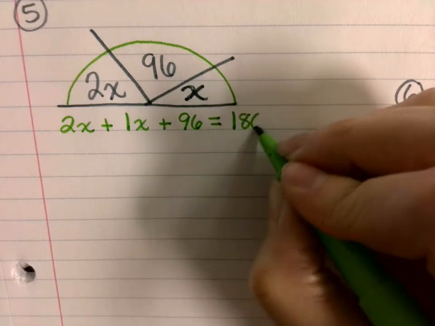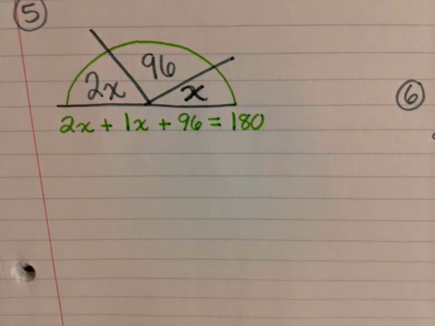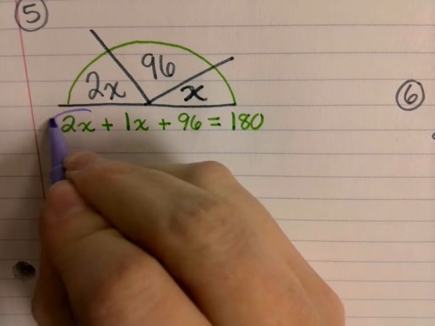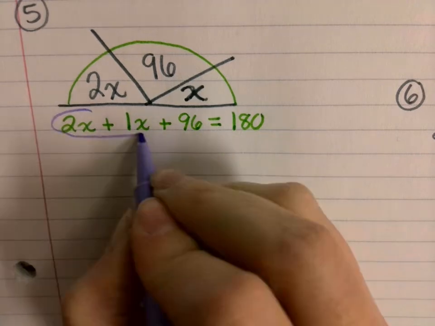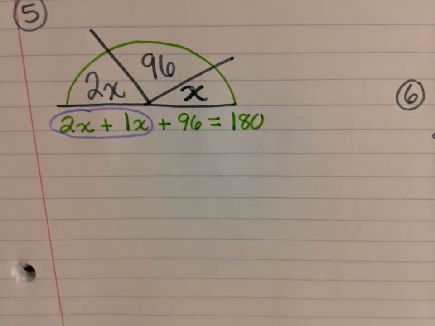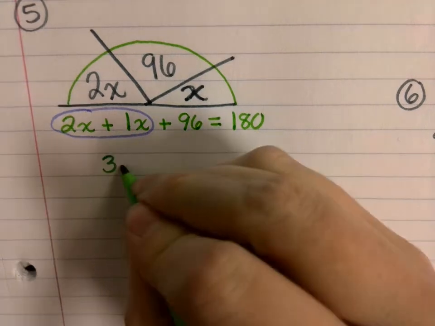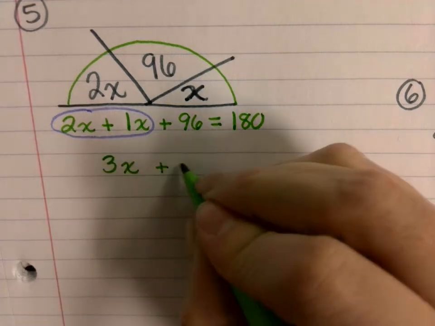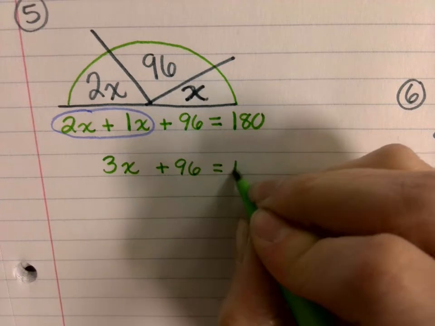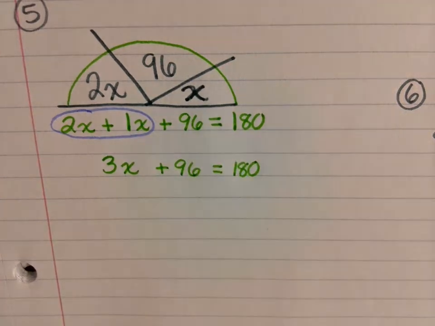We're going to combine the like terms first. My like terms this time happen to be my variable terms. What's 2x plus 1x going to give us? 3x. So we have 3x plus the 96 is equal to 180. First thing that we're going to do is subtraction. Subtracting what? 96.